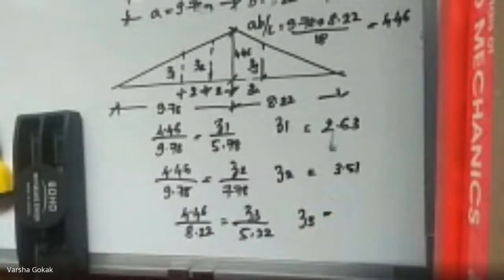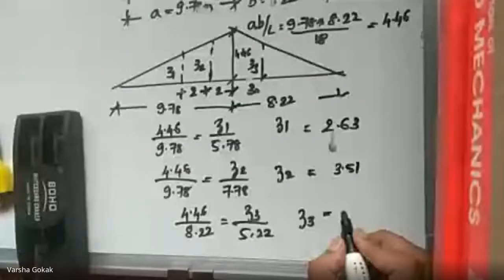Okay. Z3 is 2.83. So these are your ordinates.